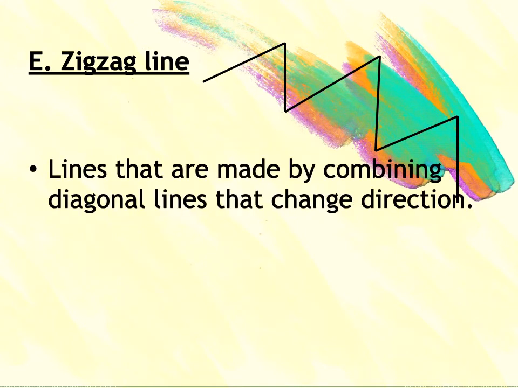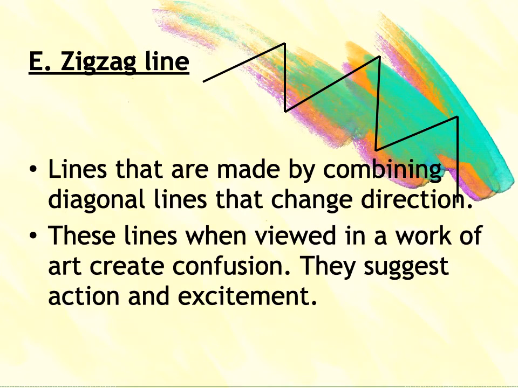There's also zigzag line. I think everybody loves the zigzag. Lines that are made by combining diagonal lines that change direction. These lines, when viewed in a work of art, create confusion. They suggest action and excitement.